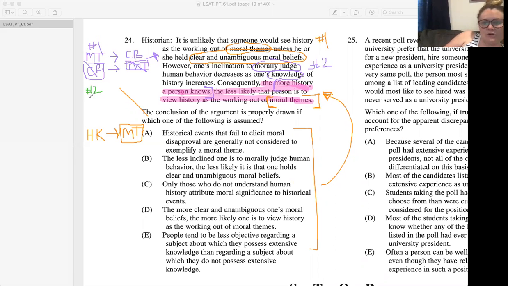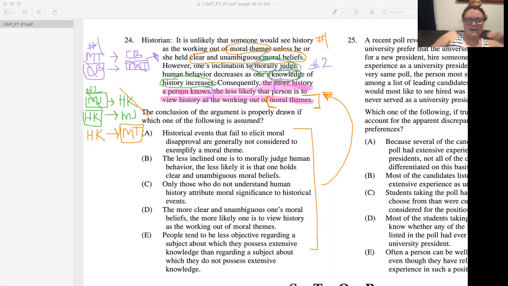So essentially, if we don't have moral judgment, then our knowledge of history must increase. And think about that as a contrapositive too, which would be if we have less history knowledge, then my inclination to morally judge probably increases. Which once again, I'm getting right here, knowledge of one's history.